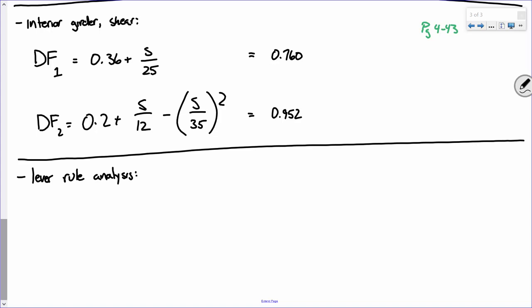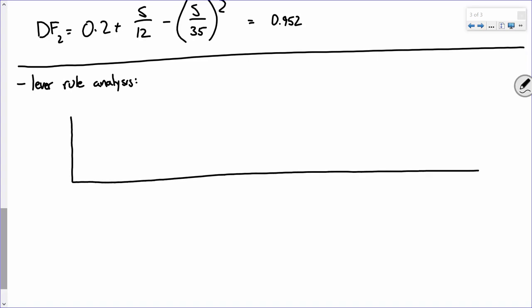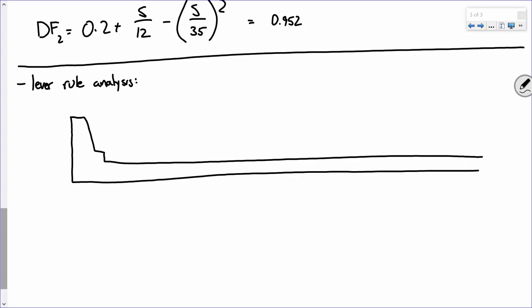Okay, so here's how the lever rule analysis works. I'm going to draw the deck. Something about like that.